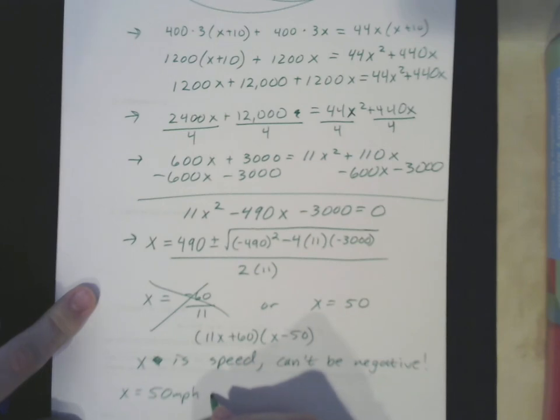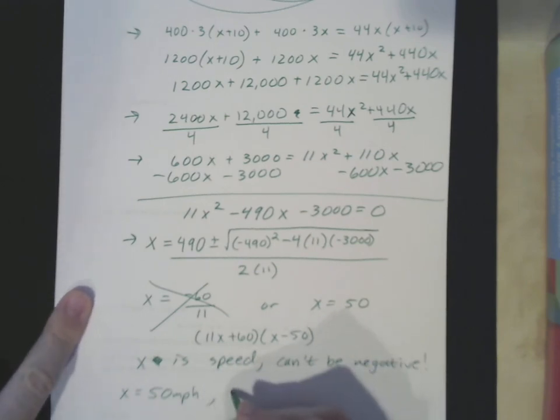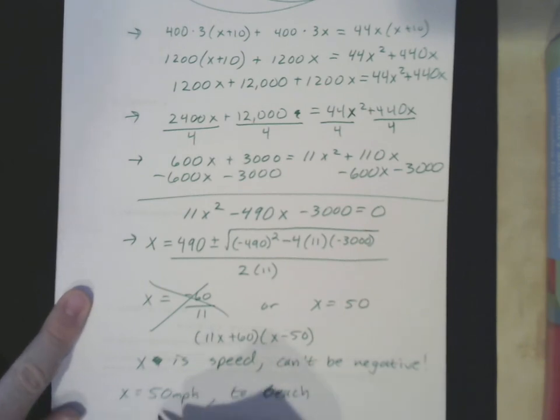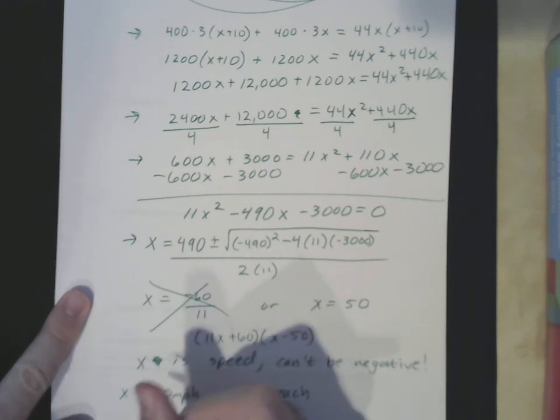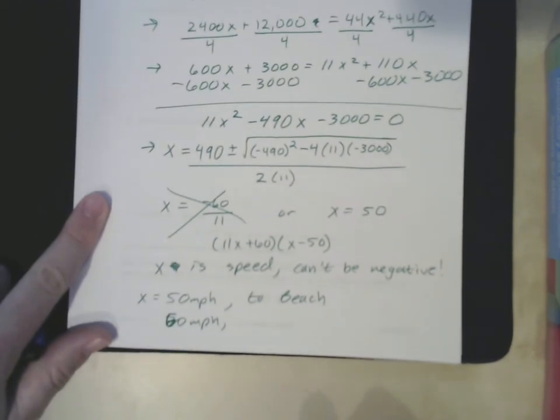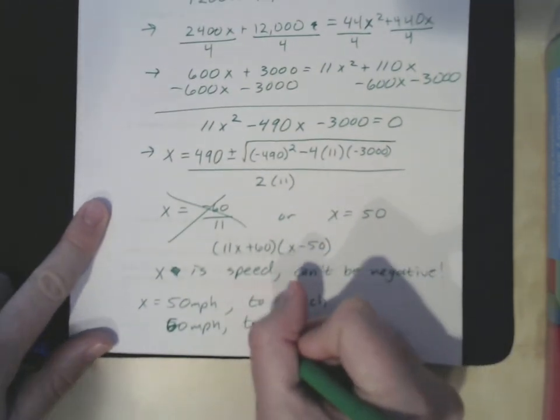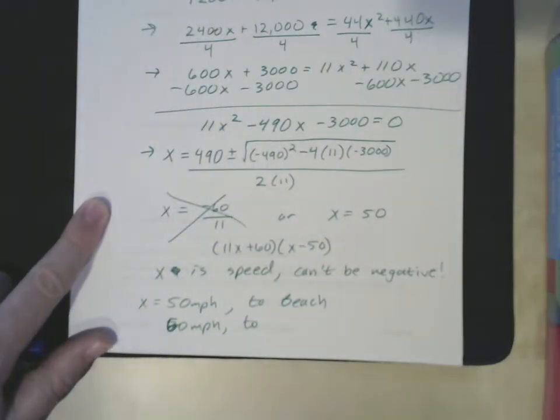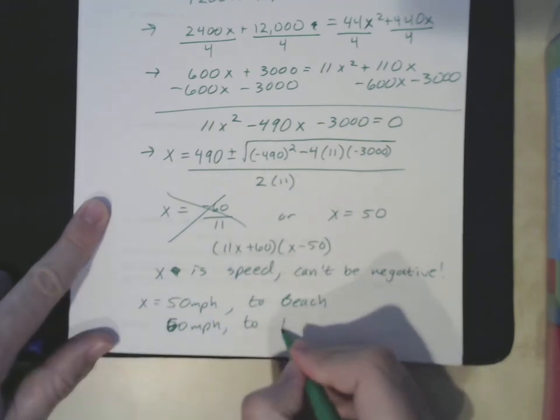And that means the speed to Beach was 50 miles per hour, and then to Fargo was 60 miles per hour. I can do math. 10 plus 50 is 60. To Fargo.